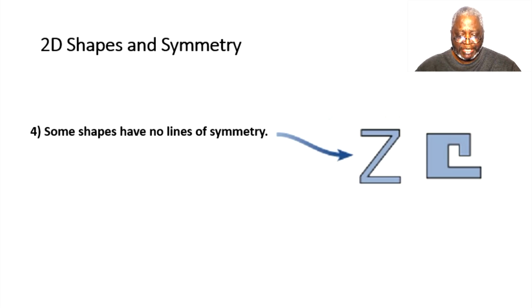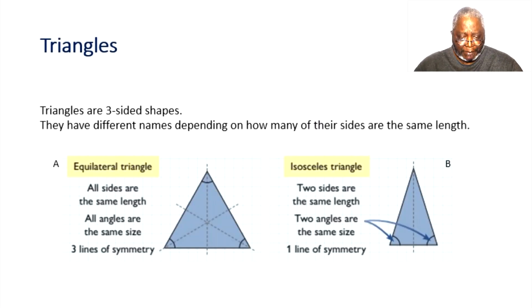You have triangles. Let's look at the family of shapes. Triangles are three-sided shapes. They have different names depending on how many of their sides are the same length. An equilateral triangle has 3 equal sides and 3 equal angles. Each angle is 60 degrees.